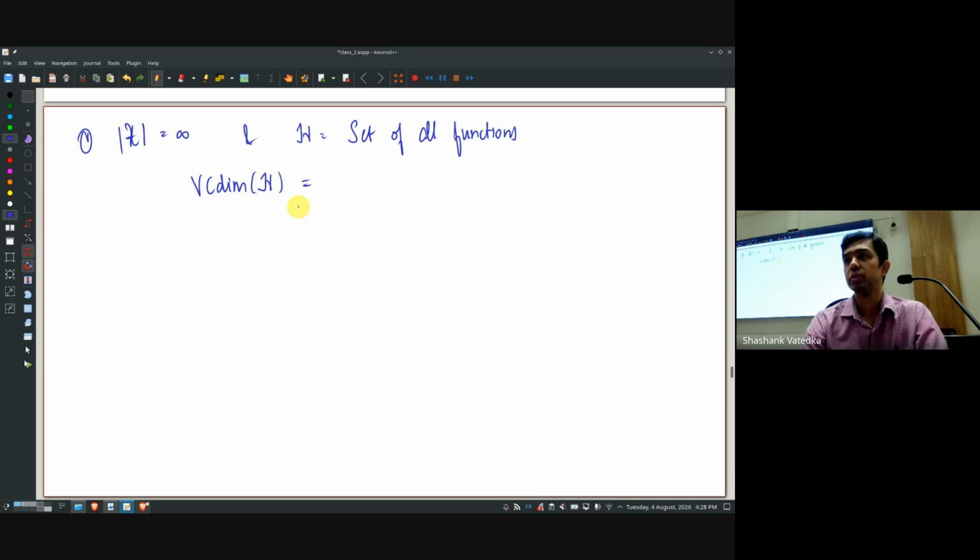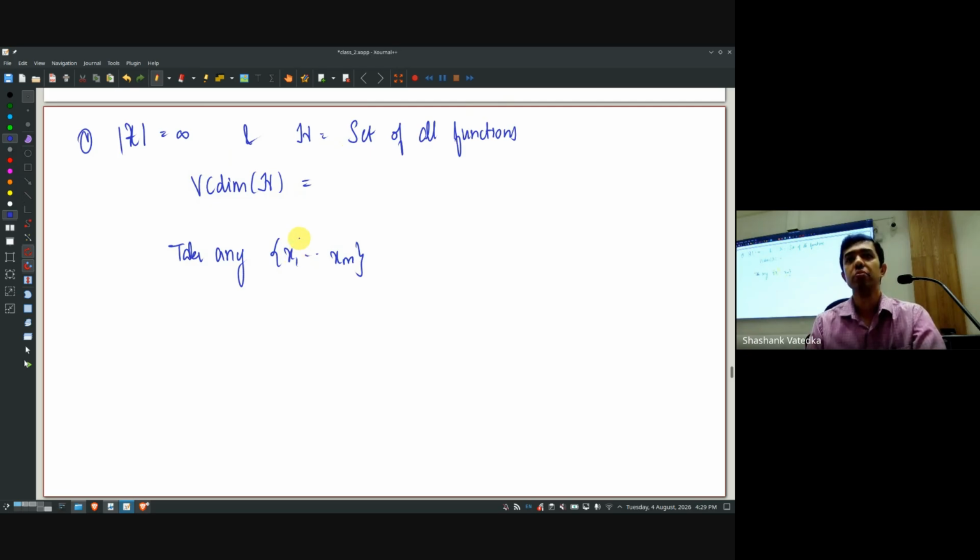All possible functions. Let's say I take any subset of points, x1 up to xn. Since H is the set of all possible functions, for every configuration of zeros and ones, I can find one such h that gives me that particular configuration. In particular, I can generate all 2 to the m configurations.